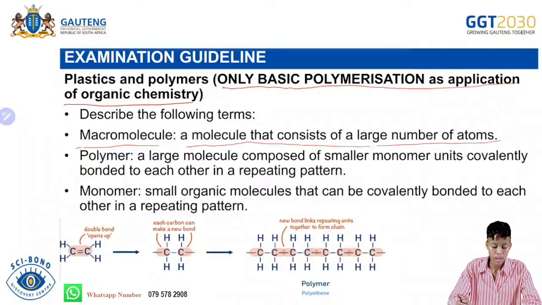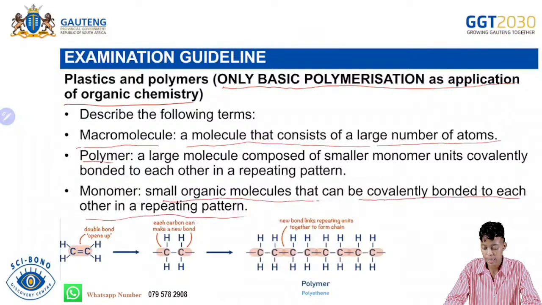Then we have a monomer and a polymer. And that is according to the examination guideline. So we'll start with the monomer. It says it's small organic molecules that can be covalently bonded to each other in a repeating pattern.